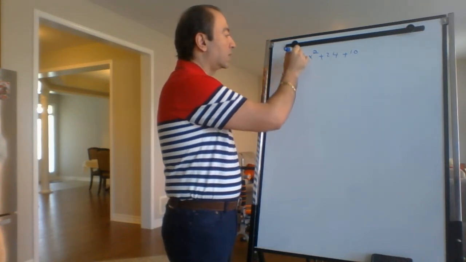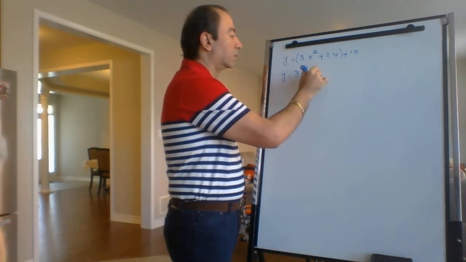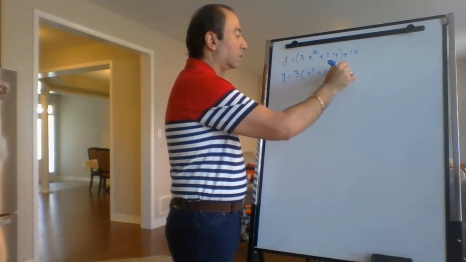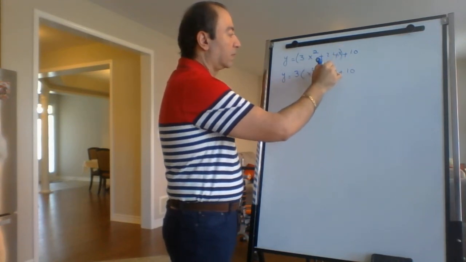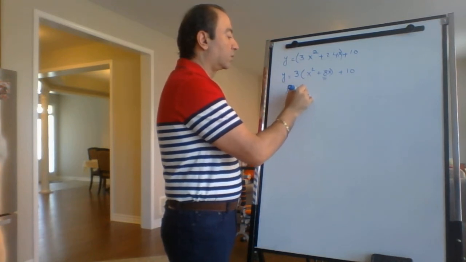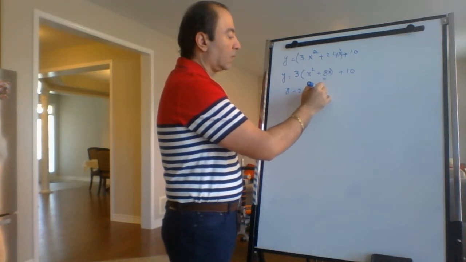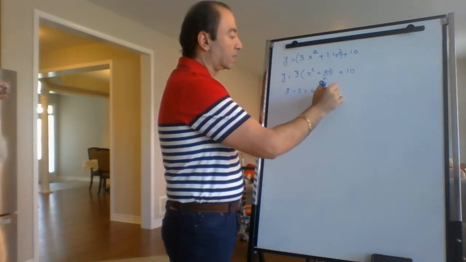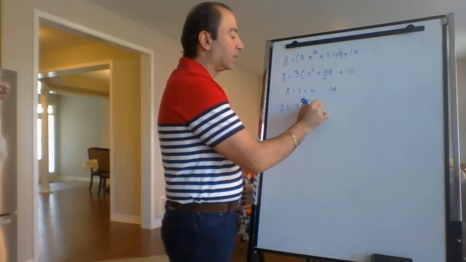Y equals, I'll put brackets, I'll factor the 3 out, then I get the number, this is 8x, sorry, I get the number in front of the x, I divide it by 2, and then I square it. So when I square this I get 16, and I add and subtract this 16 between the brackets.